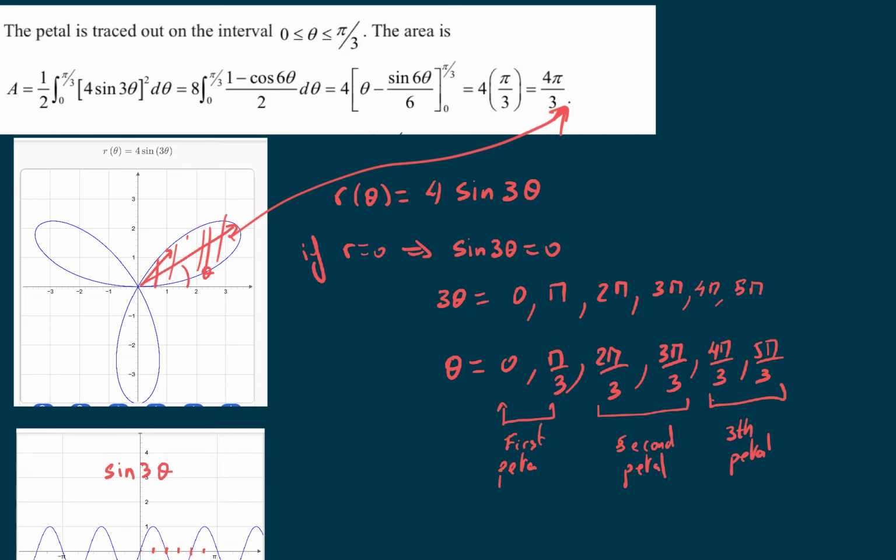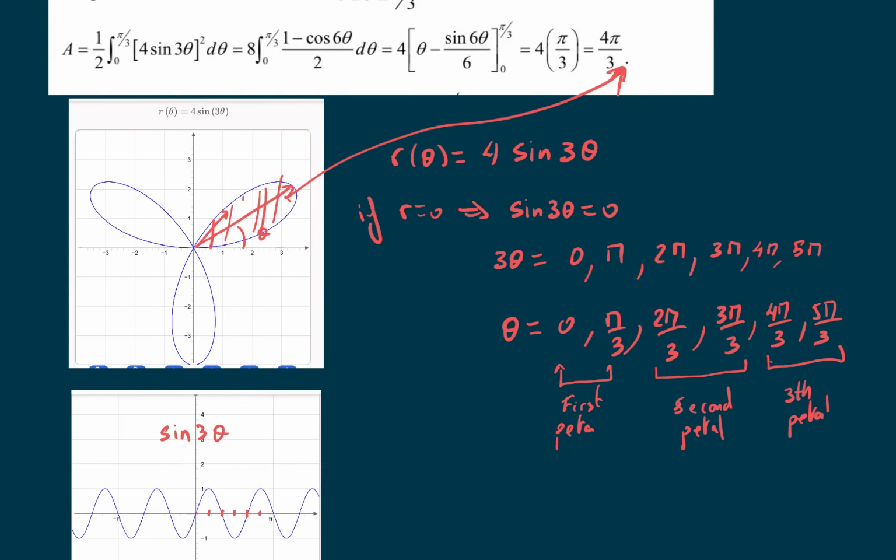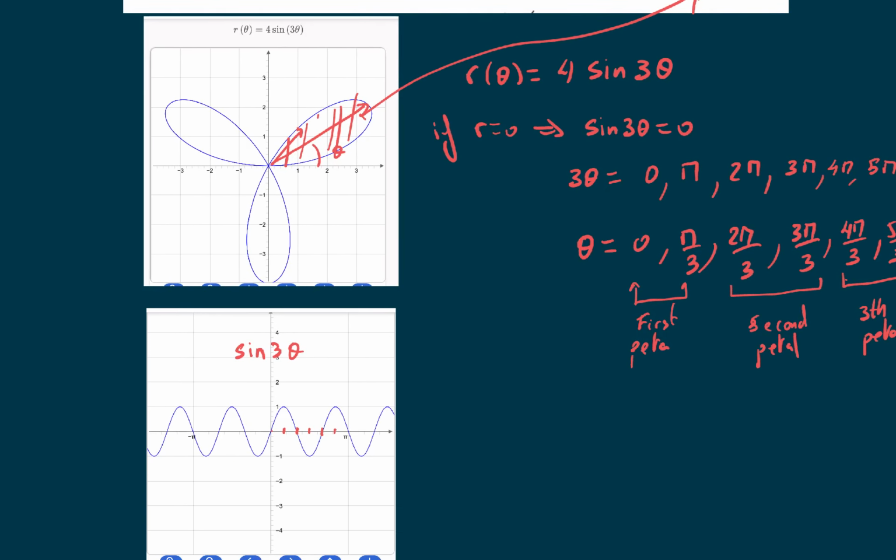Okay. The other thing that you can do maybe also is to draw sine of 3 theta. If you draw sine of 3 theta, you would see that pi is here. So you divide 0 to pi in 6 parts: 1, 2, 3, 4, 5, and 6.